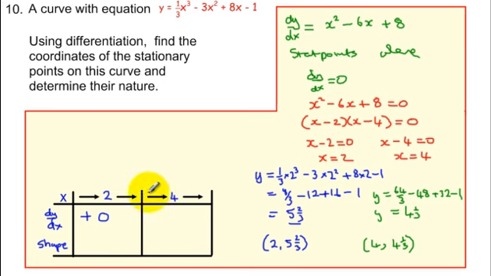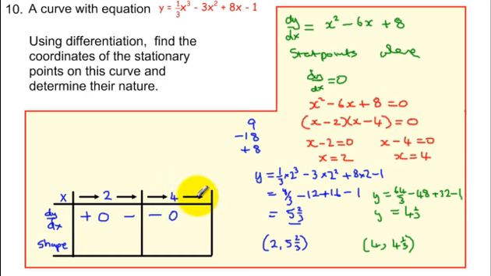For these two places we can choose a value of x equals 3 and put 3 into our dy by dx formula. 3 squared is 9, minus 6 times 3 is minus 18, and a plus 8 at the end. 9 and 8 is 17, minus 18 is minus 1, so dy by dx is negative for this position and for this position. At x equals 4 we know dy by dx is 0.